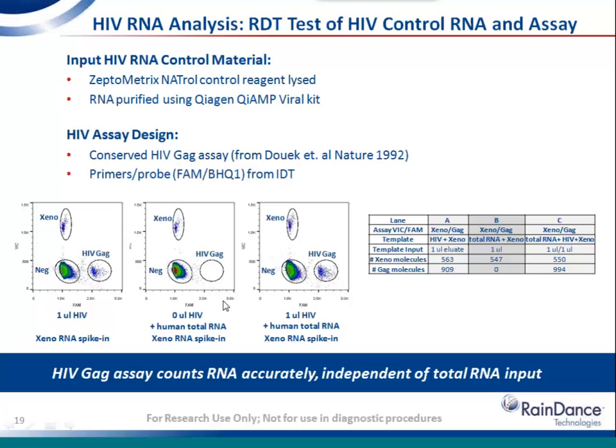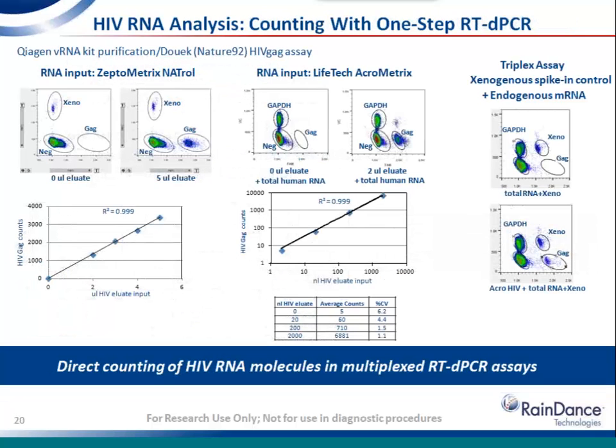The next 2 panels show spiking in either no HIV or 1 microliter of the HIV eluate from the purification, but now in the background of total human RNA. And what you can see, both visually and in the table, is that there is no effect of having the total human RNA on counting either the exogenous spike-in or the GAG itself. So the HIV GAG assay counts RNA accurately, independent of what total RNA is input.